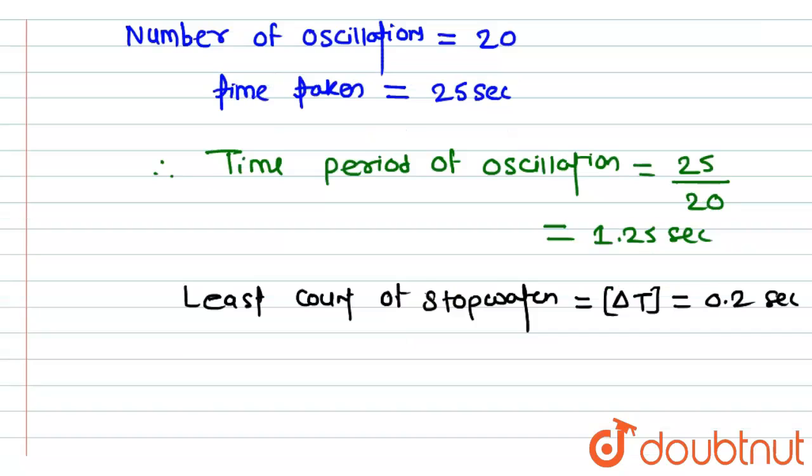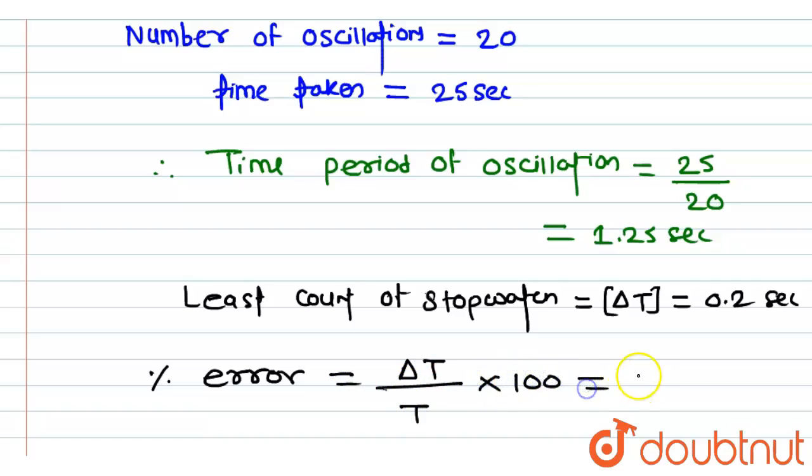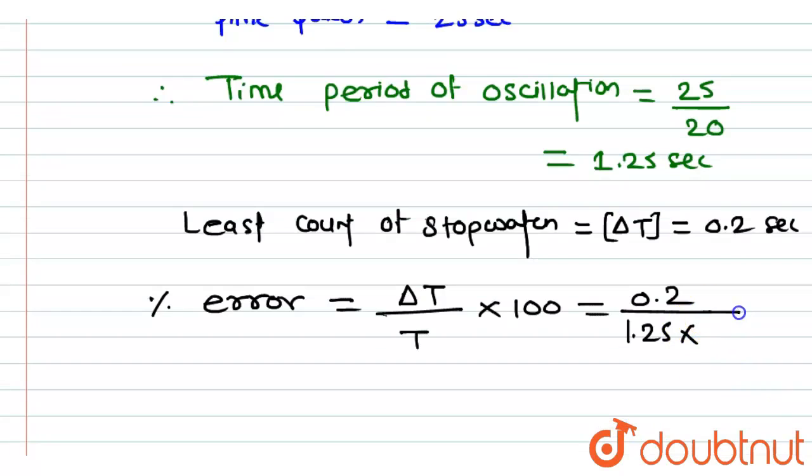Therefore the percentage error will be equal to del t divided by t into 100, which will be equal to 0.2 divided by t, that is 1.25, into number of oscillations, that is 20, into 100.